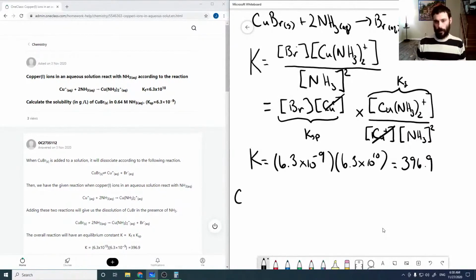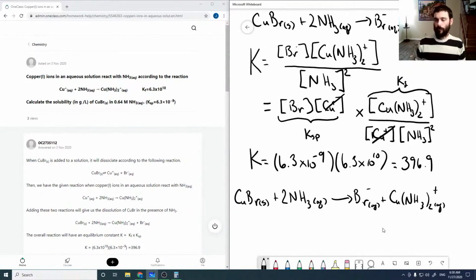So copper bromide solid plus 2NH3 aqueous goes to bromine aqueous plus copper ammonia. There's two of those and it was plus. Okay, so we're starting.